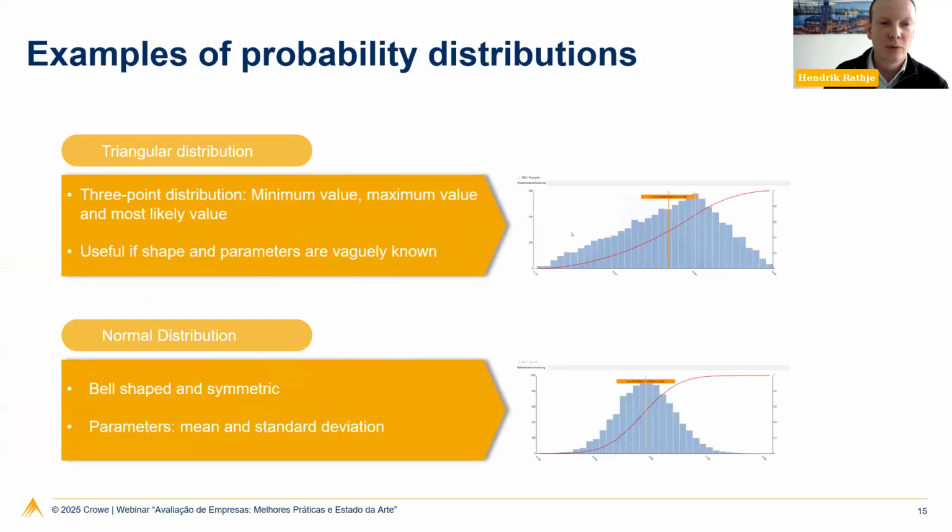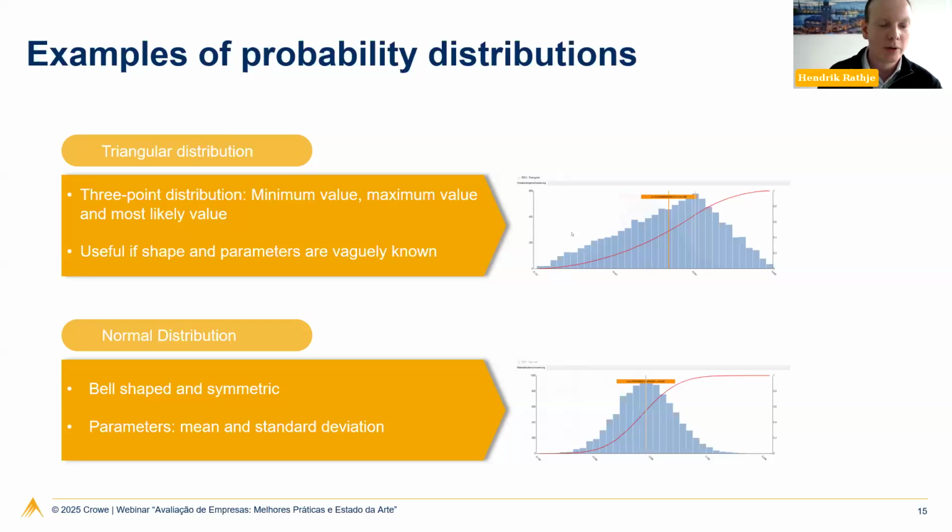And another one that we use quite often in practice is the triangular distribution that you see at the top. This one is very helpful, especially in cases where you have a very high uncertainty and you don't have a lot of historical data that you can use, because this triangular distribution is based on, for example, expert values.